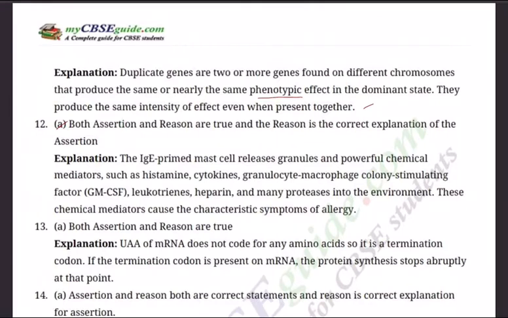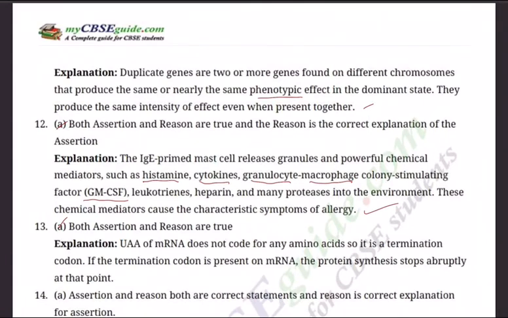Explanation: the IgE, that is immunoglobulins, 5 are there as we know, and IgE primed mast cell releases granules and powerful chemical mediators such as histamine, cytokine, granulocyte, and macrophage colony stimulating factor, CSF we say, and leukotrienes, heparin, and many proteases into the environment. These chemical mediators cause the characteristic symptoms of allergy.